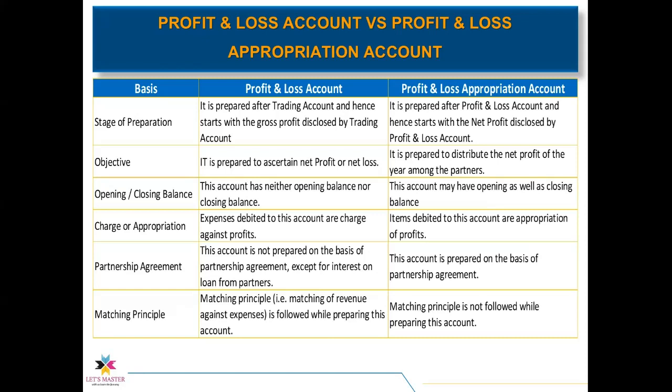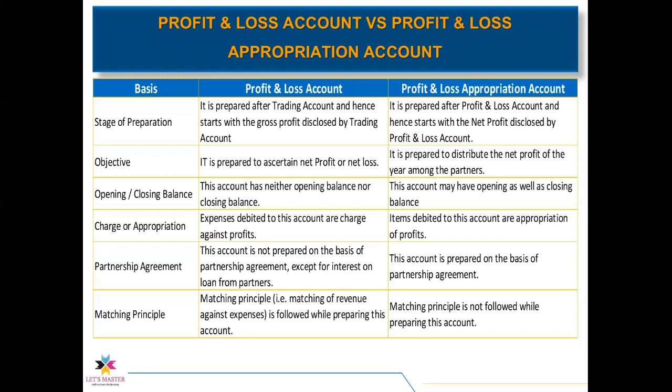The profit and loss account neither has an opening balance nor a closing balance, because we use the balance of the trading account for that particular accounting period as the opening balance for the profit and loss account, and it is closed during the same year by transferring it to the partners' capital account. Whereas the profit and loss appropriation account may have an opening as well as a closing balance. How? That is something we will discuss in subsequent sessions.